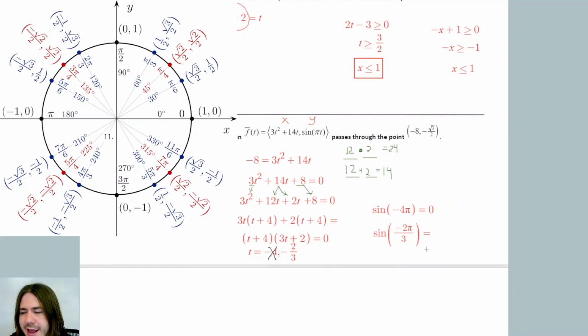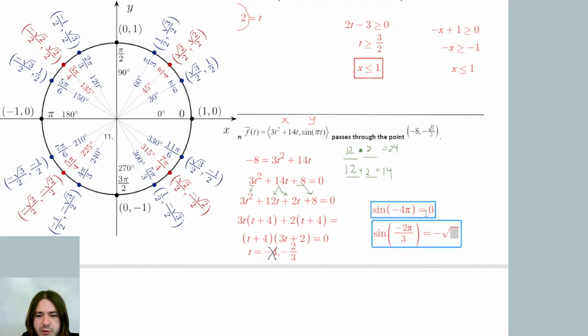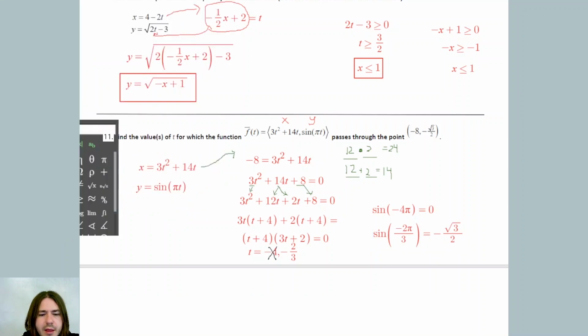Now, if I look at -2 pi over 3, which is coterminal to 4 pi over 3, so it should have the same y value, we do get -√3/2. So -2/3 is going to be the only time that satisfies both of these conditions. So let's go ahead and write -√3/2 here. Don't really need the unit circle for now.